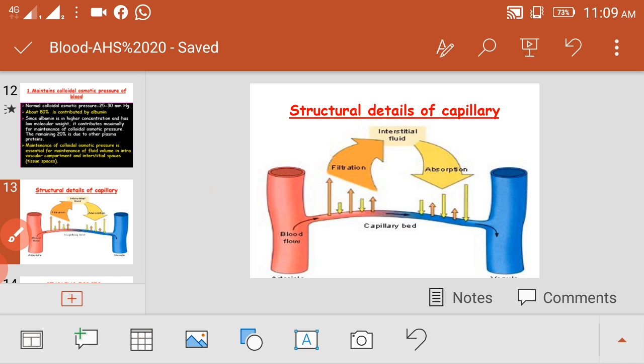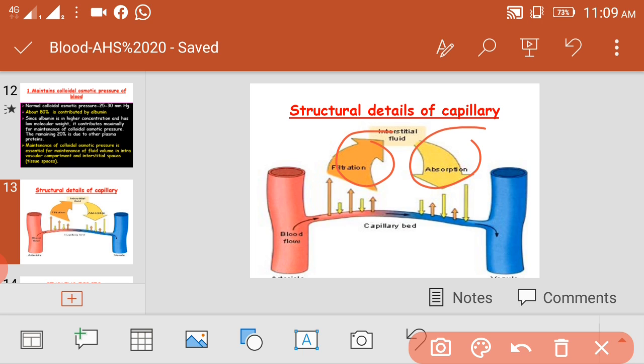Understood? To maintain the filtration and absorption, this colloidal osmotic pressure of about 25 to 30 is important. So just remember, the albumin mainly maintains the colloidal osmotic pressure.